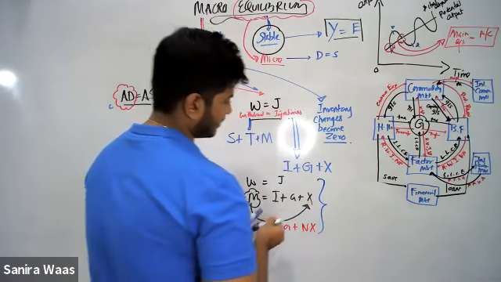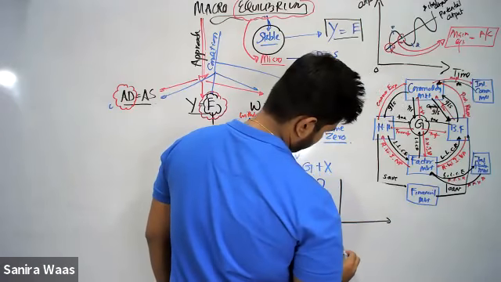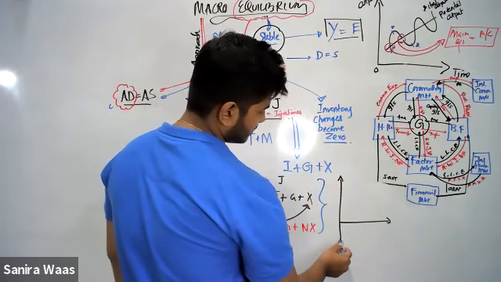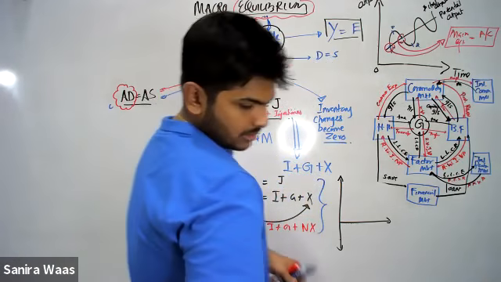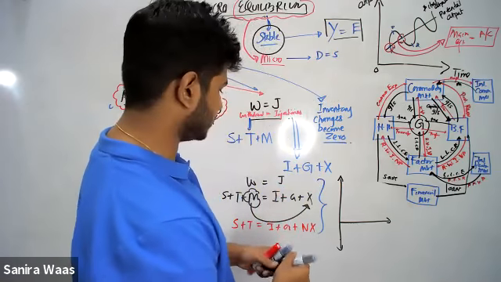When you explain this in graphs, the savings, right? Tell me whether the graph is right or wrong.